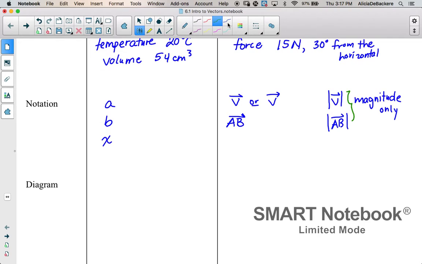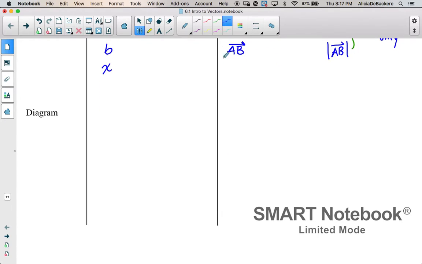All right, so what might that look like in a diagram? When I draw a vector in a diagram, I have to indicate its direction. So I'm going to grab my line tool. When I draw the vector, I have to make it really clear which direction I'm going in, so I have to draw an arrow on one end.